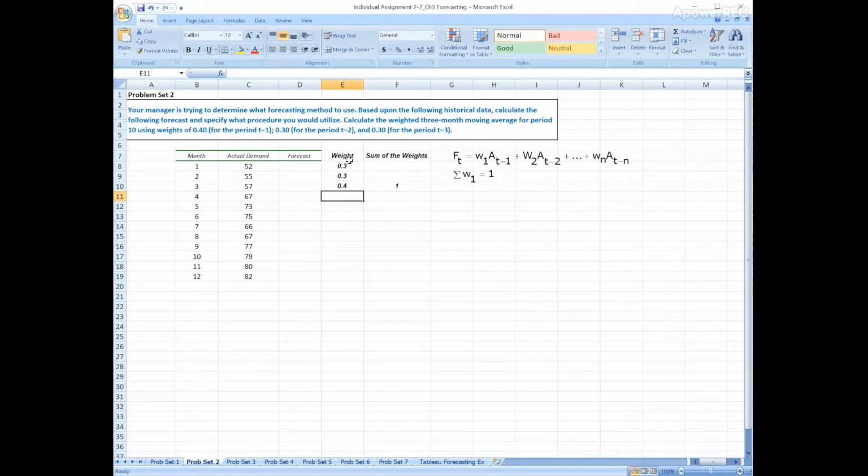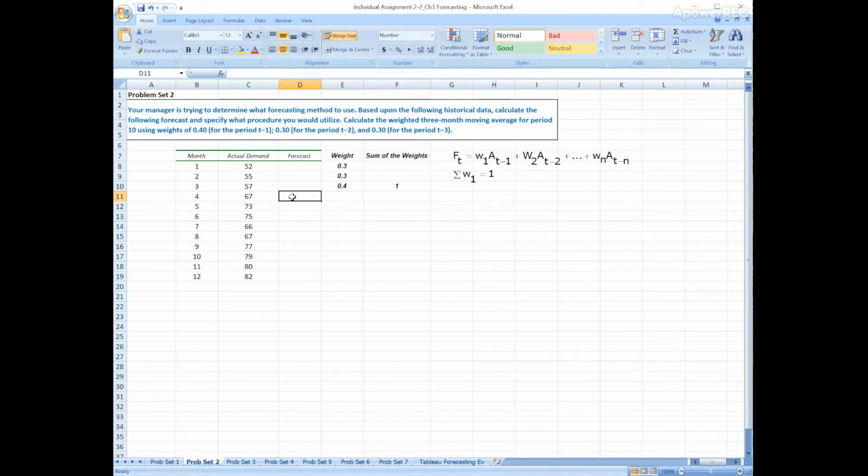I already added a column to our data table to indicate the weights for the 3 actual demand figures that we will use in creating our weighted moving average. Using the weights and the actual demand figures from months 1 through 3, we plug them into our basic equation.